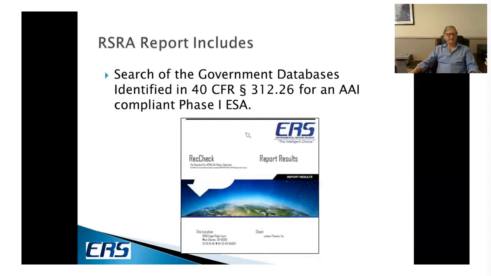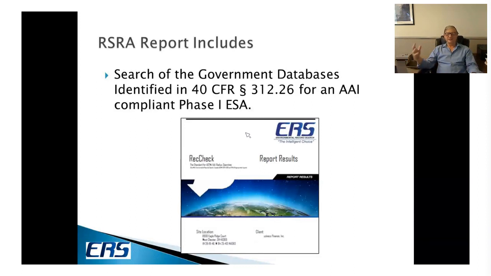But basically, what you get here is all the databases searched to certain distances around your subject property. The subject property address is automatically inserted when you order an RSRA into our data. The lat long is identified, and we search all these databases.